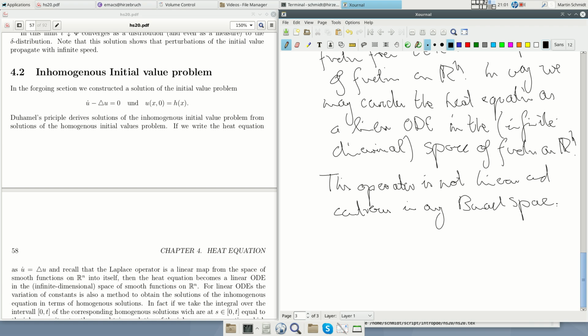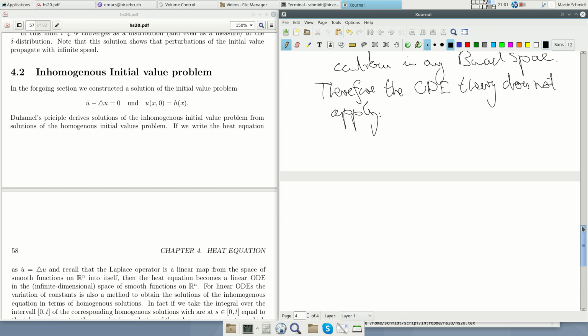And for this reason the whole ODE theory does not apply. So we cannot use this picture really to solve it, but we explain now that we really get the Duhamel principle.